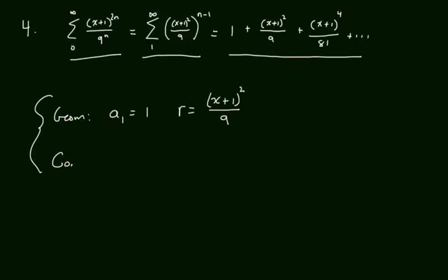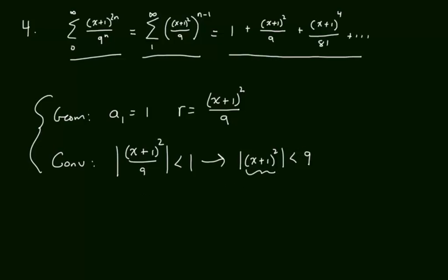And it converges for the absolute value of x plus 1 squared over 9 is less than 1. We'll do the algebra. So the absolute value of x plus 1 squared is less than 9. This quantity, because it's squared, is already positive. So I can say x plus 1 squared is less than 9.